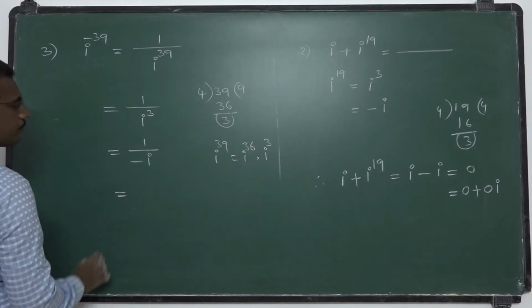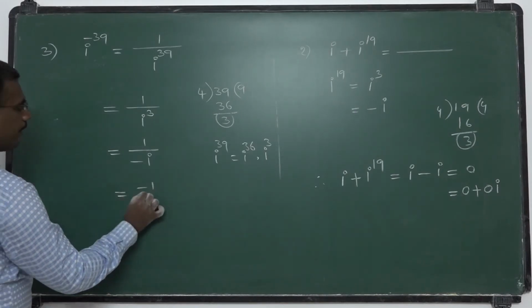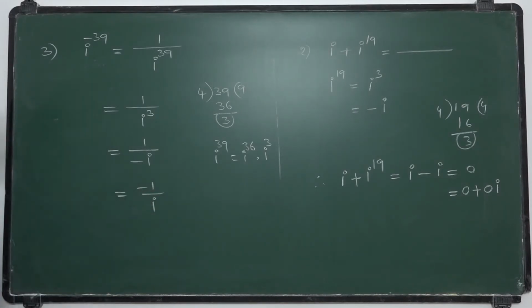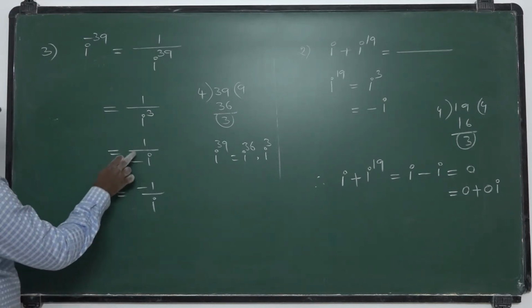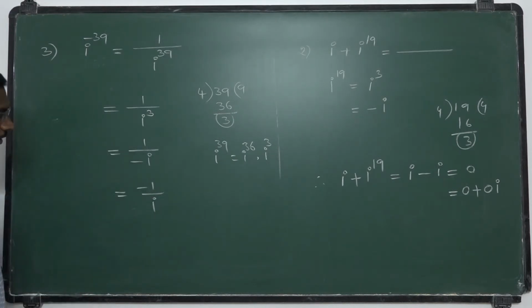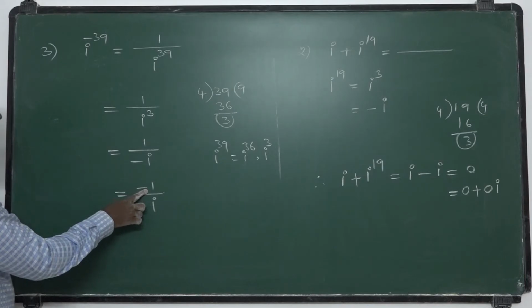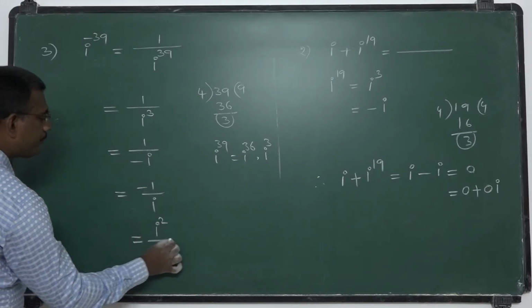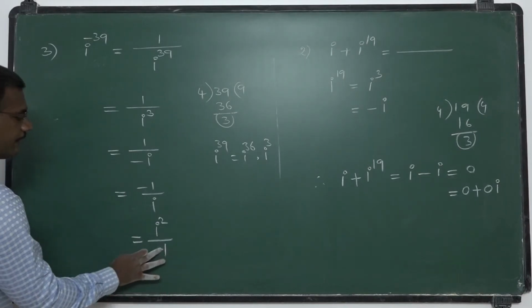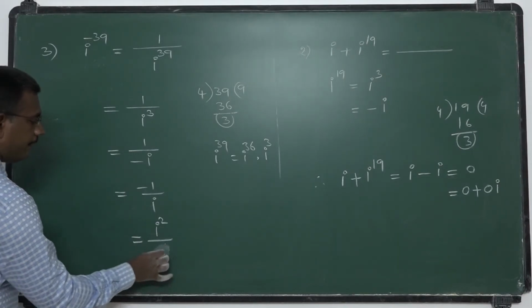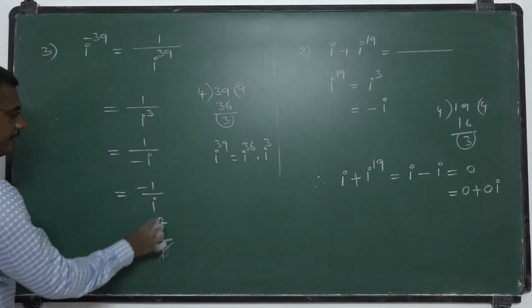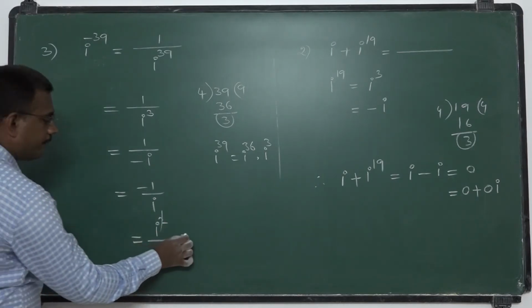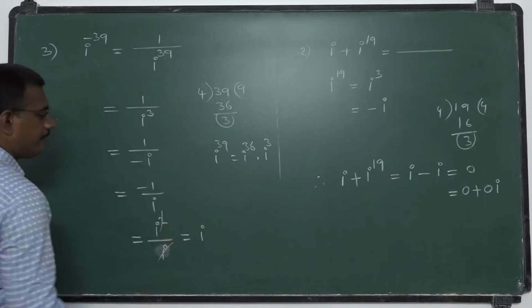Now minus 1 by i. Multiplying the minus with the numerator, minus 1 by i. I am going to write minus 1 as i square because the i square value is minus 1. So i square by i. One i cancels. So the remaining value is i.